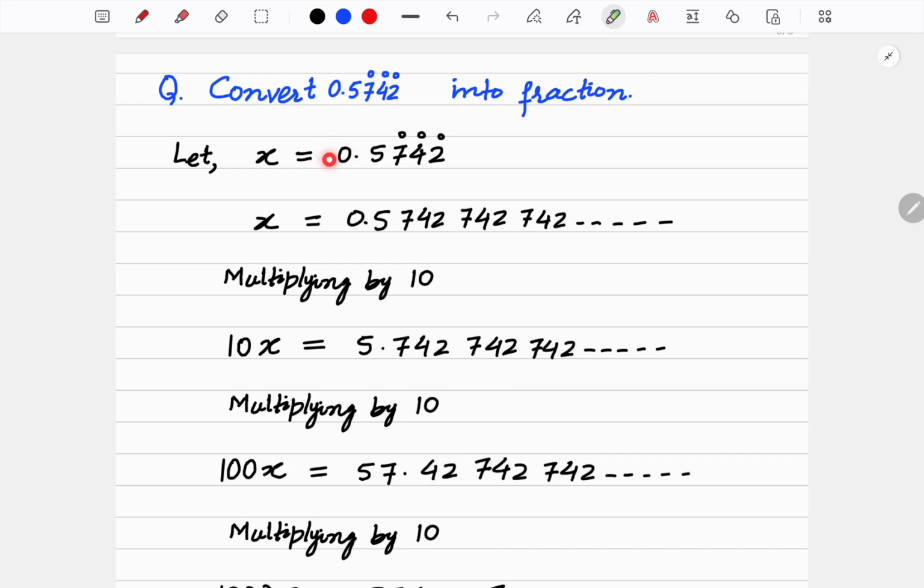So first introduce any variable x, and 742 is repeating, so 742 742 742, right? These three digits repeat 4 times. Now multiplying by 10, x becomes 10x and 0.5742. After multiplying by 10, the decimal shifts inside.